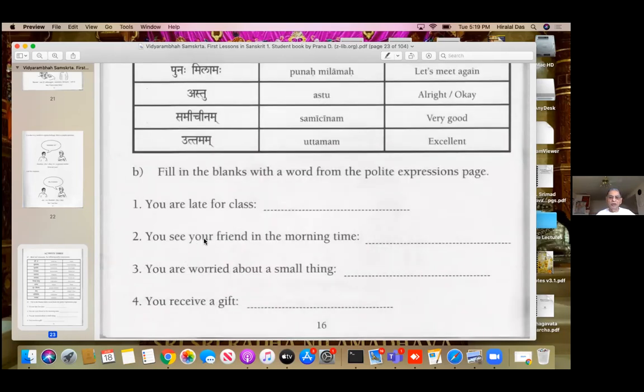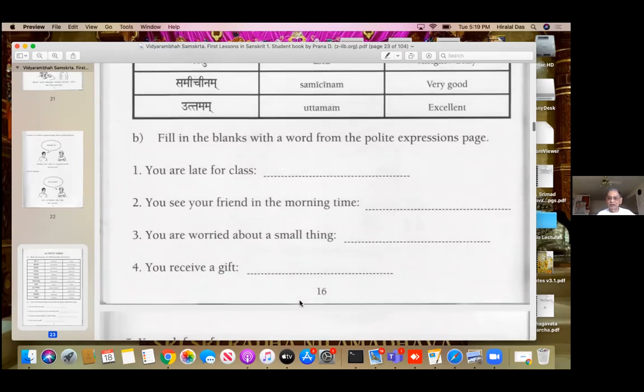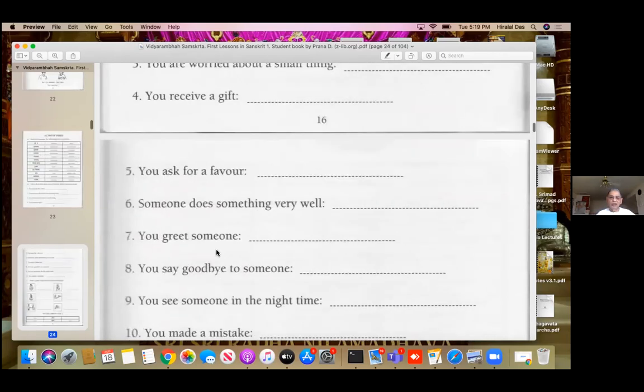Next, you see your friend in the morning, you say suprabhatam. You are worried about a small thing, chintamastu. You receive a gift, you say dhanyavadaha, like that. You ask a favor, so you say please, which means krupaya. Someone does something very well, you can say samichinam.